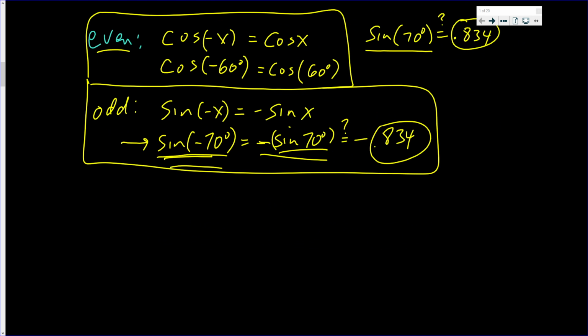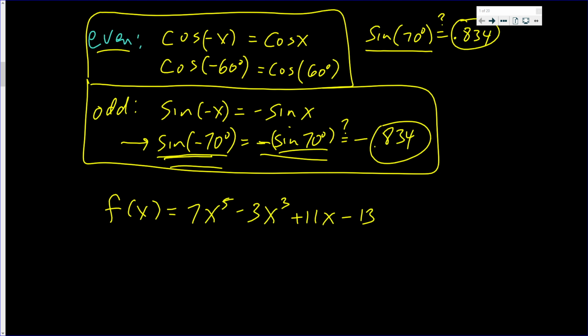Now, suppose that you have f of x is 7x to the fifth minus 3x cubed plus 11x minus 13. The problem is, is this even or odd?